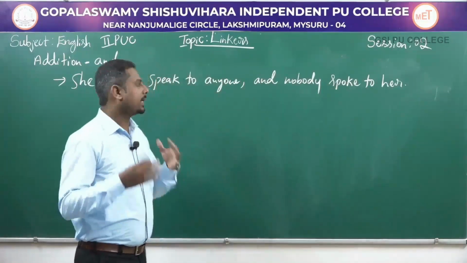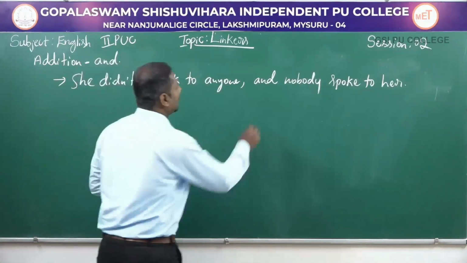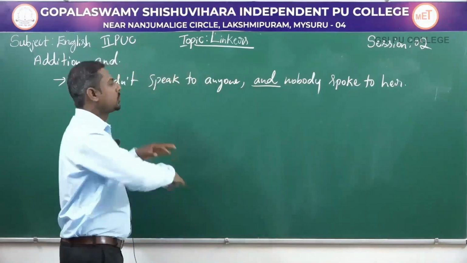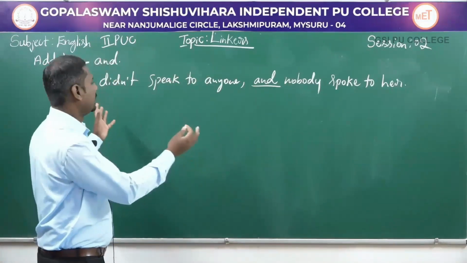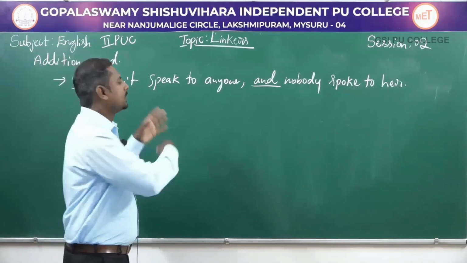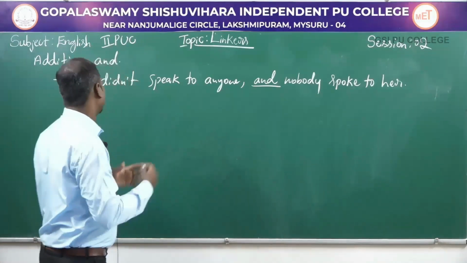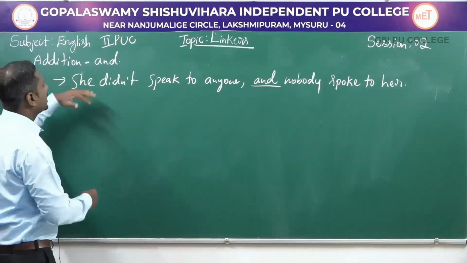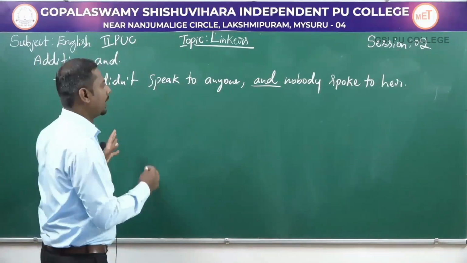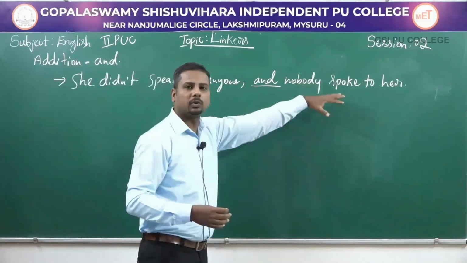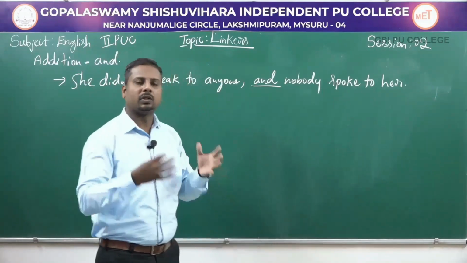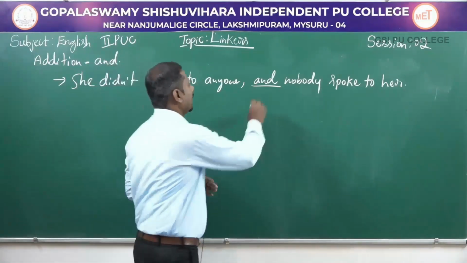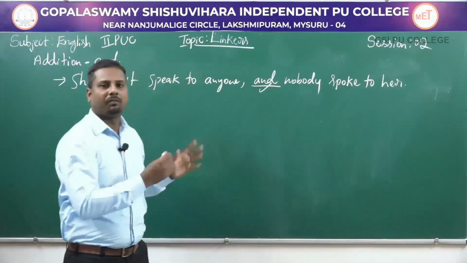So here in this sentence you can see the linker and connects two different clauses: she didn't speak to anyone is the first one and nobody spoke to her is the second one. So the word and connects two different parts of a sentence.